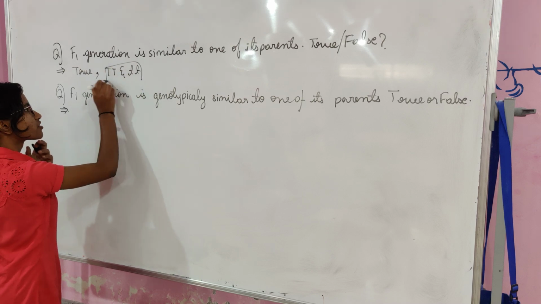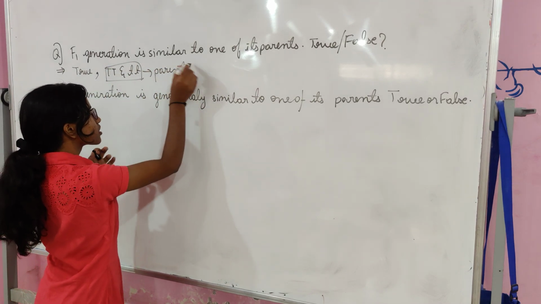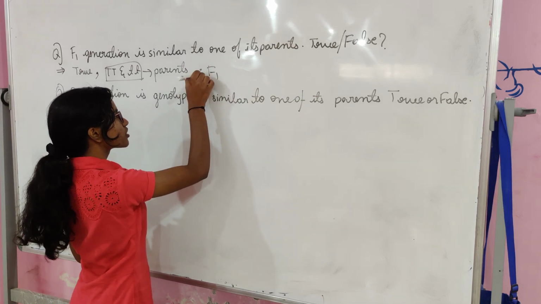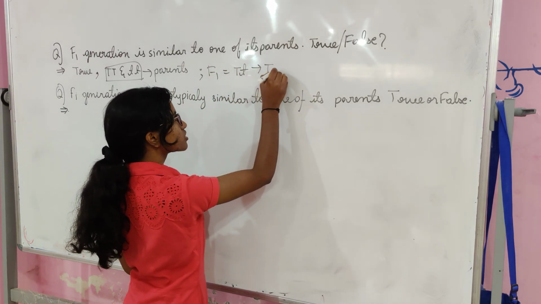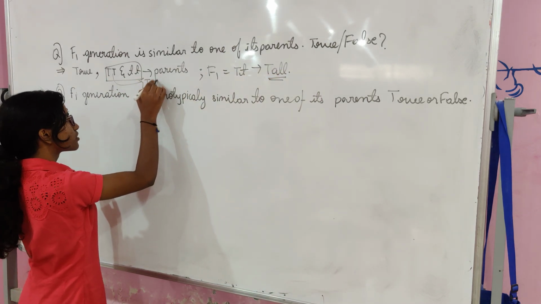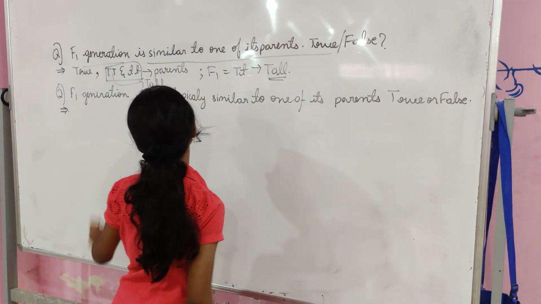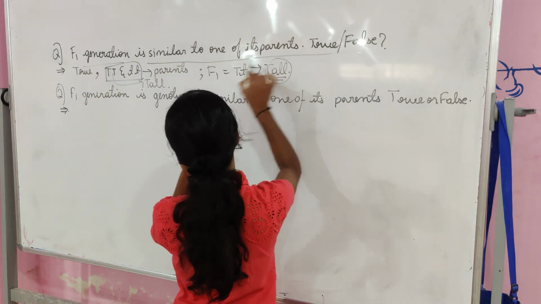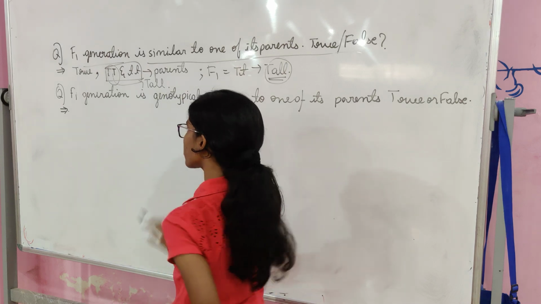These were our parents. And our F1 generation was capital T small t, which is tall. And here, this is tall. So the question is the F1 generation is similar to one of its parents. It is tall, and this is also tall. So it is similar to one of its parents. This is true. Remember the second one.